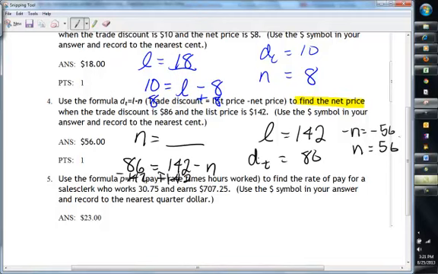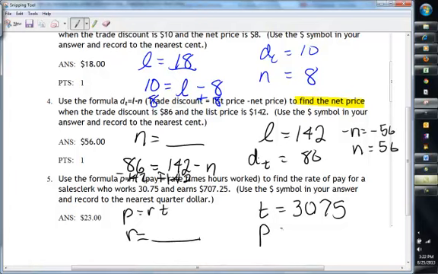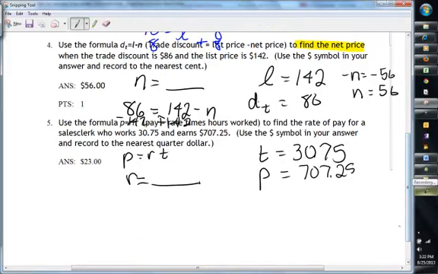Use the formula P equals RT. I should rewrite that. Pay is rate times hours worked. To find the rate of pay for a sales clerk, we are looking for R when we have T is 30.75 and pay is 707.25. We substitute that into the formula. 707.25 is R times 30.75.